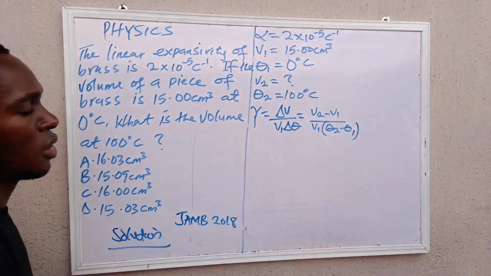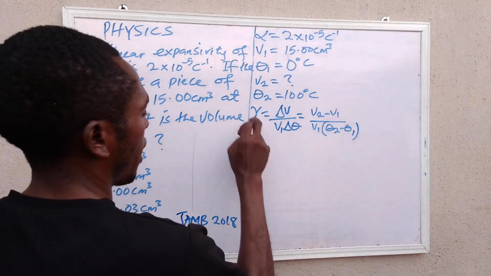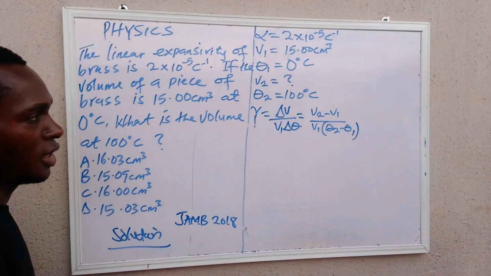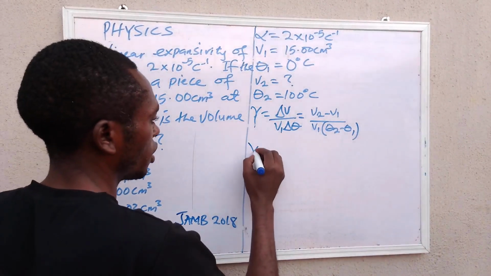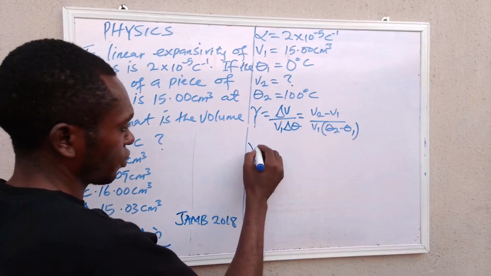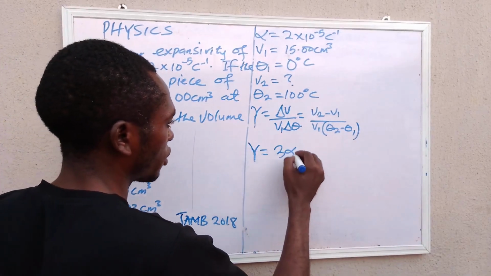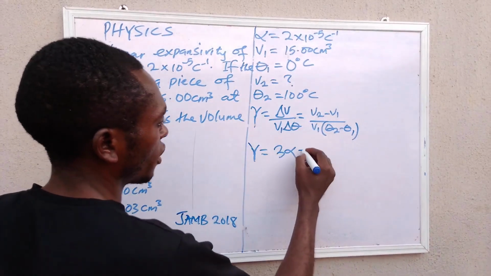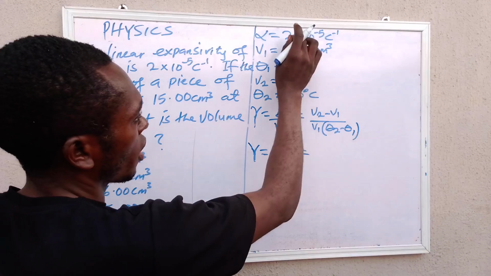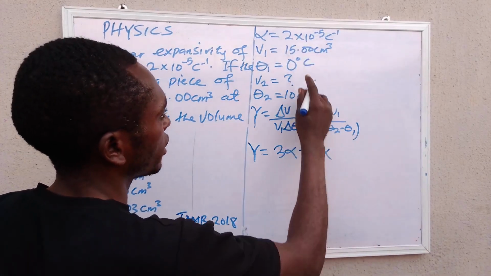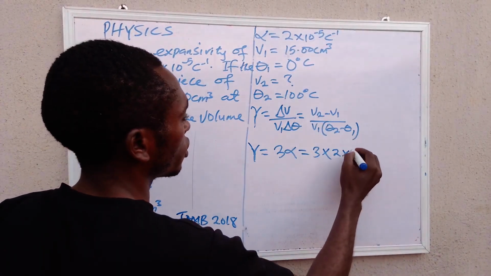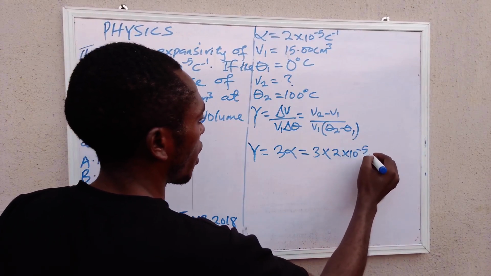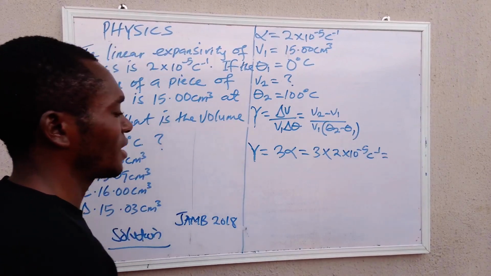But if you look here, we don't have volume expansivity given, but there's a relationship between volume expansivity and linear expansivity. The relationship says that volume expansivity is given as 3 times linear expansivity. So what we are going to do here is 3 multiplied by 2 times 10 to the power minus 5 per Kelvin.